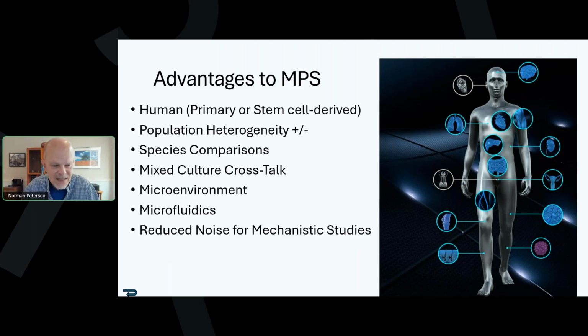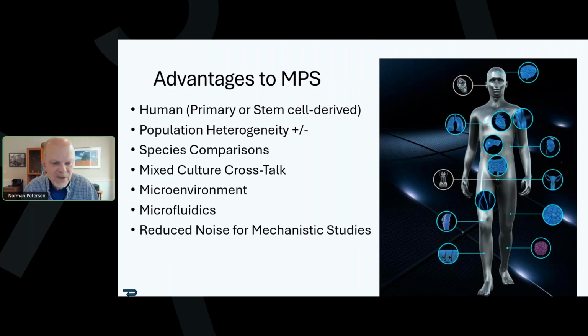One of the advantages also is it represents the human heterogeneity. Our models may not have that. That can be a plus or minus. The plus side is we want to look at a heterogeneous population, especially if we're looking at toxicity. The minus side is with heterogeneity, you increase your variability. So plus and minus there.